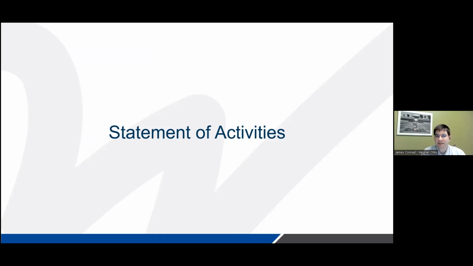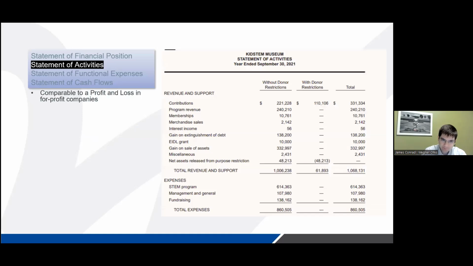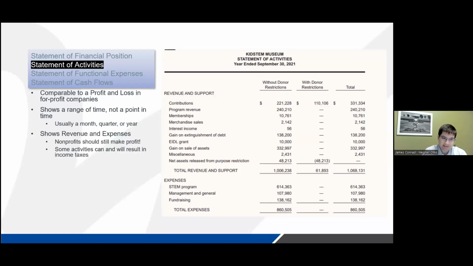We're going to start with the statement of activities. So as I mentioned off the top, it's comparable to a profit and loss statement in the for-profit world. It's going to show revenues and expenses, and it's going to show a range of time, not a point like the statement of position. It's usually a quarter or a month or a year, something that applies to that statement of position.